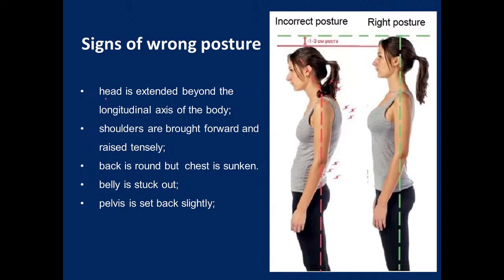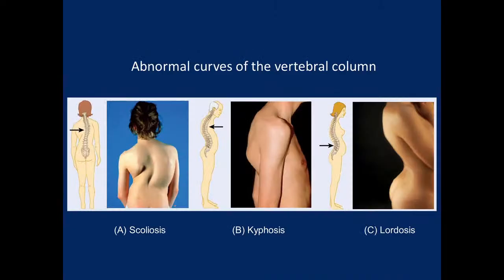As you see, these are the characteristics of wrong posture: the head is extended forward, shoulders are brought forward and raised tensely, and the back is round but the chest is sunken. So you have to avoid such posture because it is not very useful for health.